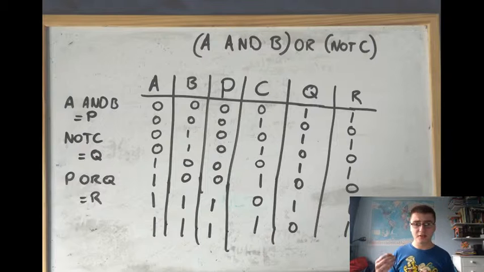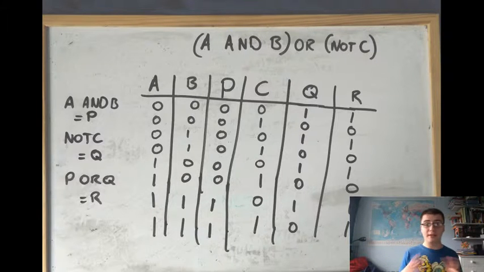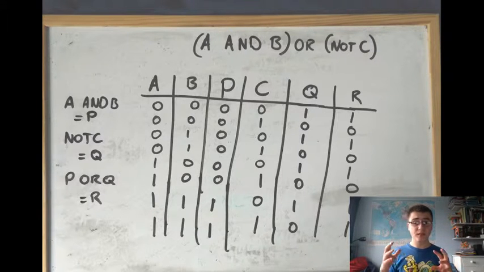Let's go to the middle one, where A is 1 and B is 0. C is also 0 in this case, so P is 0 because not both A and B are 1. C is 0, so that gets NOTed to 1. P or Q, one of them is a 1, so therefore the output is 1.